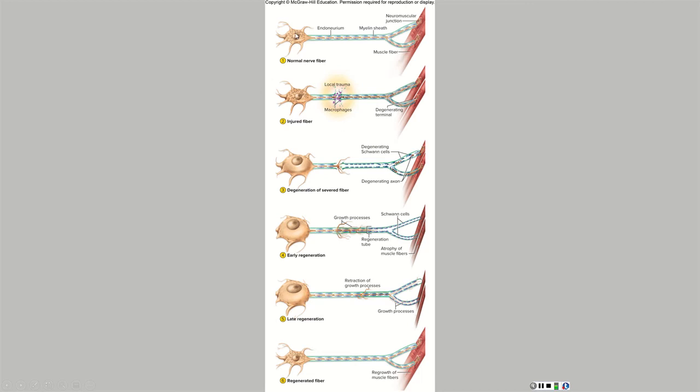But if the soma is damaged, chances are this neuron is going to die. Why is that? Well, remember when we talked about the structure of a neuron, all of the organelles are up here in the soma. So if the soma is destroyed, then we can't do anything about it, and we can't get mitosis to replace it.